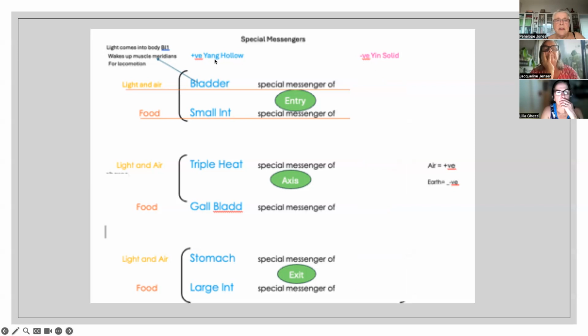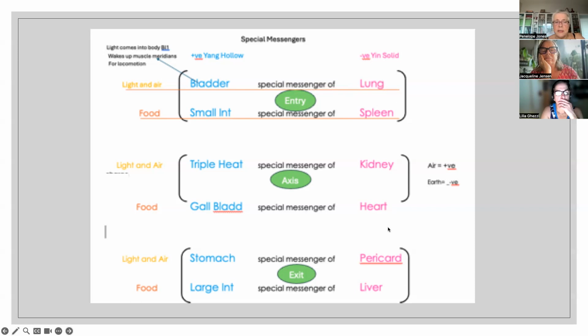So I think of the special messengers as draining these organs. Special messengers take the energy away from the yin organs. Does that make sense? Because they take the energy away.